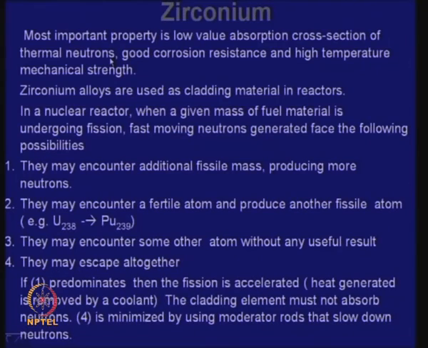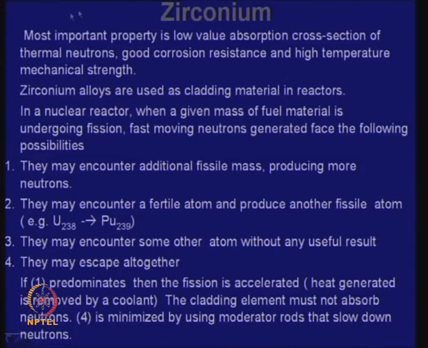That means, when there is a nuclear reaction going on and neutrons are emitted, we do not want the neutrons to be absorbed and lost, because we want the neutrons to be available for carrying on more fission reaction. They should be available to go and impinge on another fissile atom, so that more neutrons are produced.